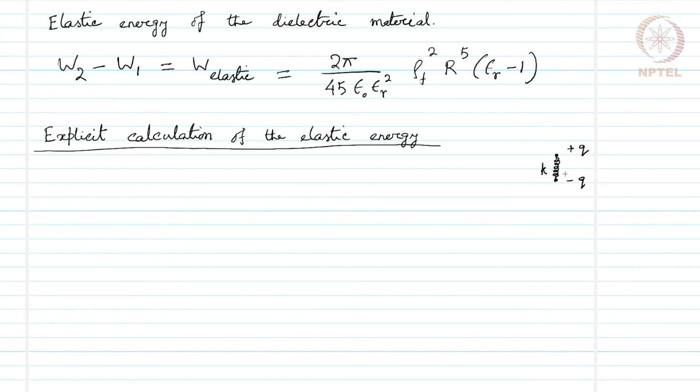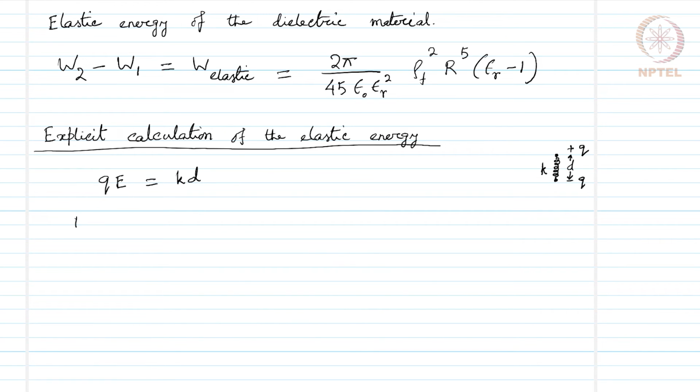So, the spring will get elongated to such an extent where the external electric field applied on this is exactly balanced by this force developed due to the spring. And in that situation, if the distance between these two charges becomes d at equilibrium, we can write, by force balancing, QE equals kd.